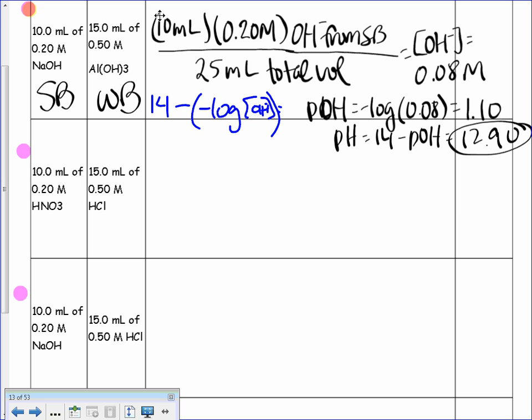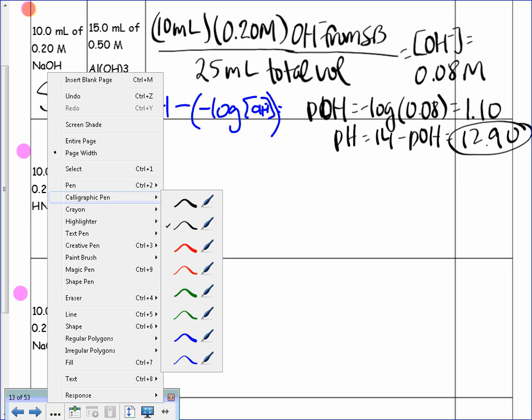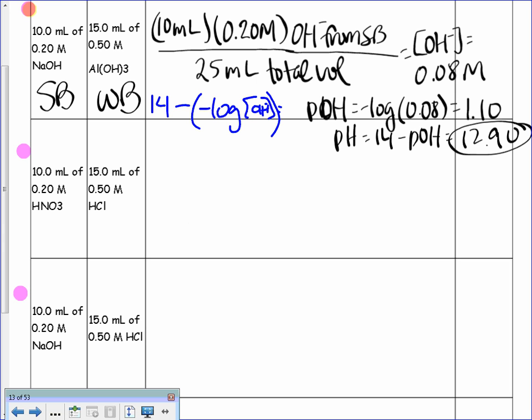Oh, okay. All right, next one, tell me your process. I want to make sure everybody's on the right track on this one. What do you identify first? So they both contribute to the hydronium concentration? So then, what did you guys do? 10 milliliters of nitric acid times 0.2 molar.